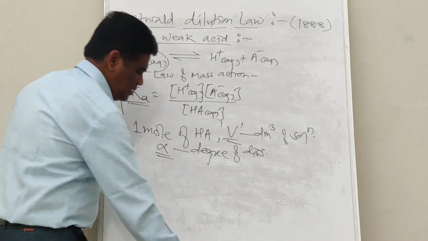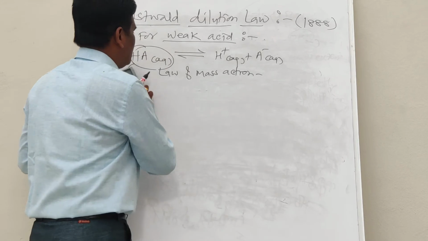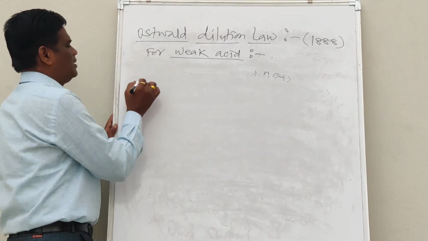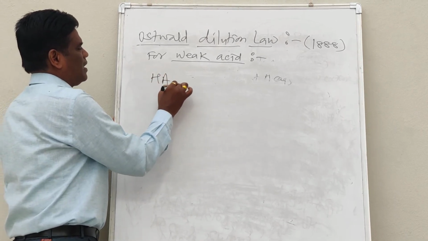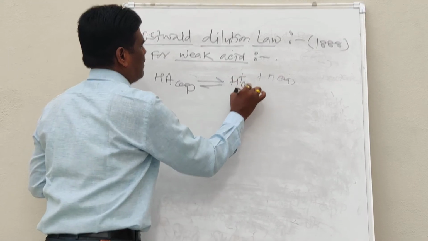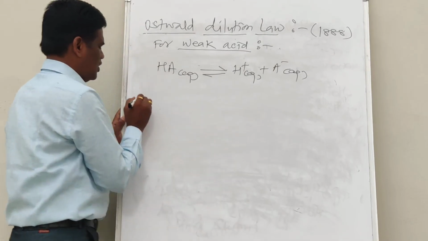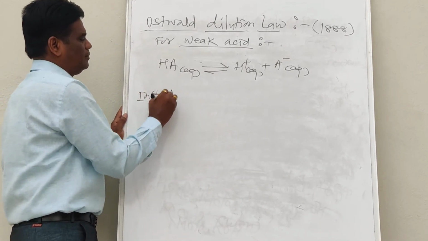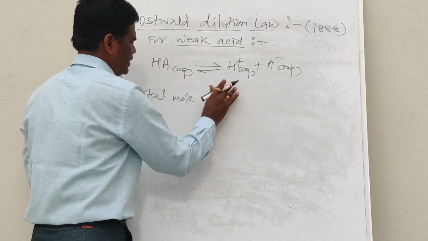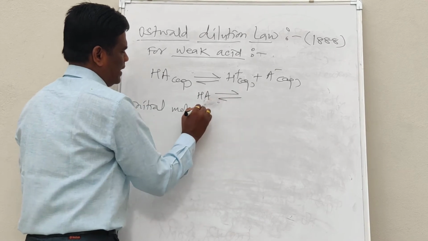Then what about this Ostwald dilution now? So you have to remember HA in aqueous medium feebly dissociates as H plus aqueous plus A minus aqueous. Now you have to consider the initial mole of HA, that is 1 mole.